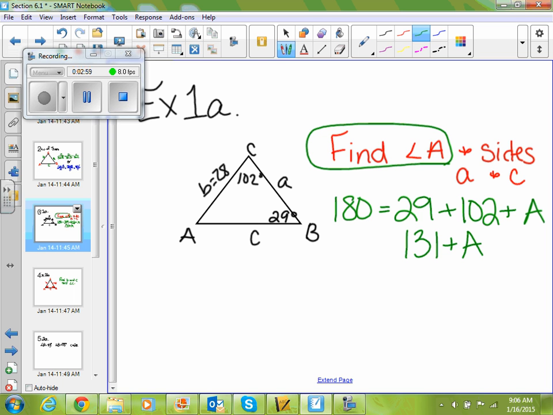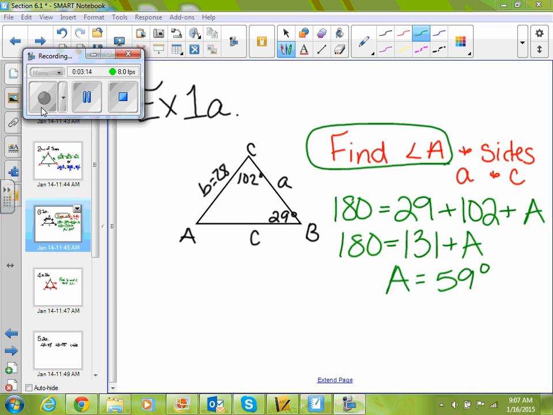So 131 plus angle A equals 180, which tells me that angle A equals 59 degrees. I meant 49 degrees, 49 degrees. So A is 49 degrees, so we've now found that. So we need to find side A and side C.